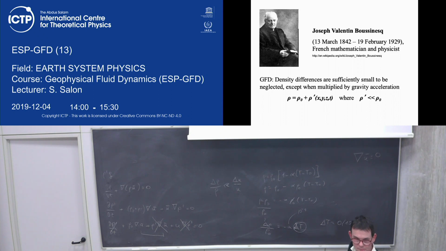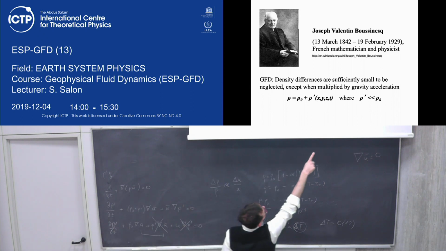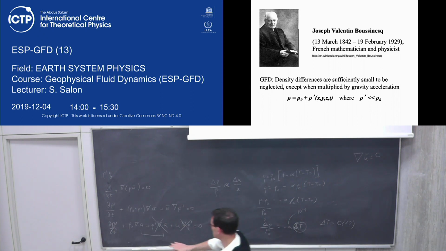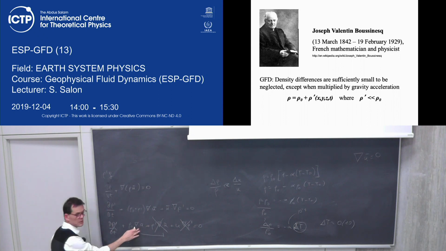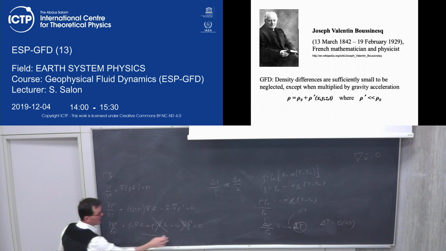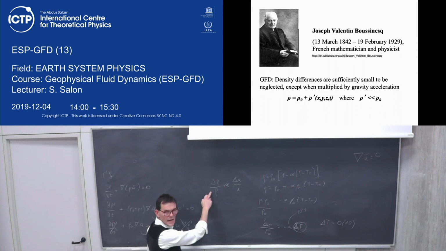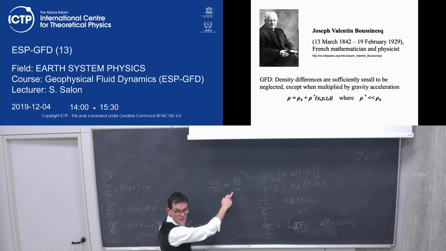You come here for this one, again. So, I have 4 terms. This term here, rho 0 multiplied by divergence, is much larger than rho prime multiplied by divergence, because rho prime is much smaller than rho 0. If I compare this term with this and this, I know that the variation of density is much smaller than the variation of velocity.